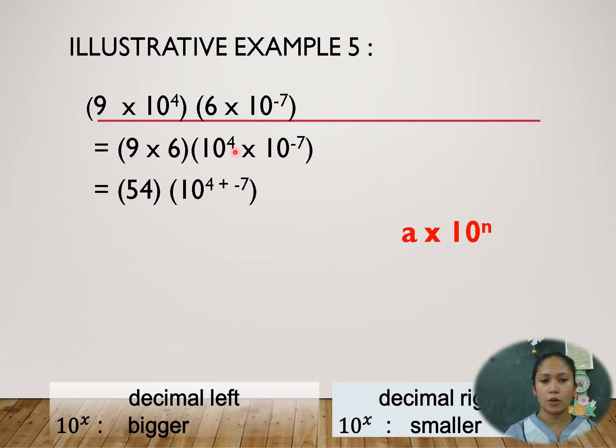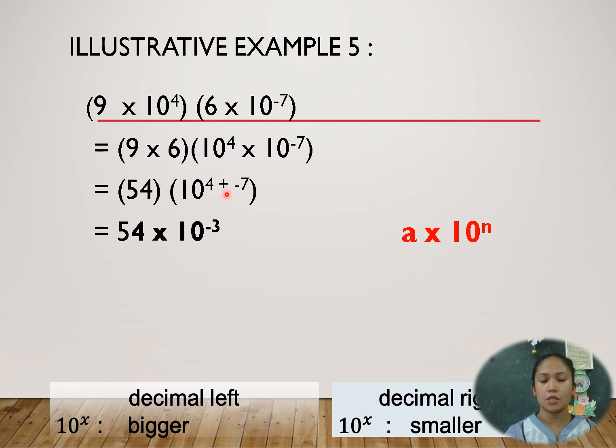And then for our exponents here, we will apply the product of a power, wherein we will just copy the base and then add the exponents. Simplifying further, we have here 54 times 10 to the power of 4 plus negative 7. Take note that we are adding different signed numbers.